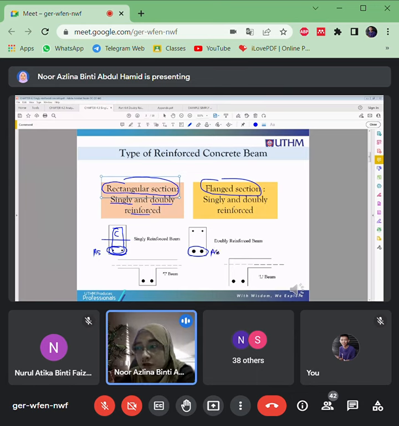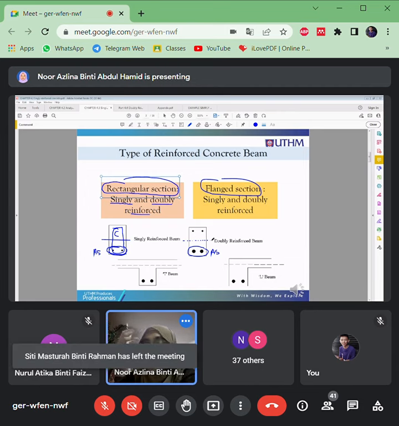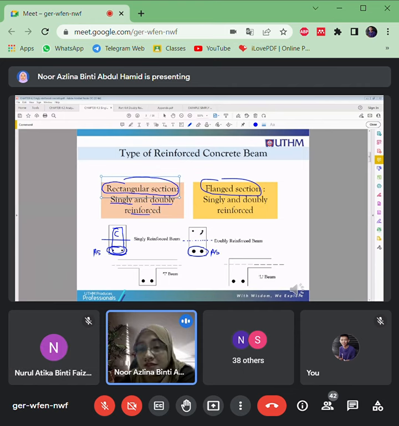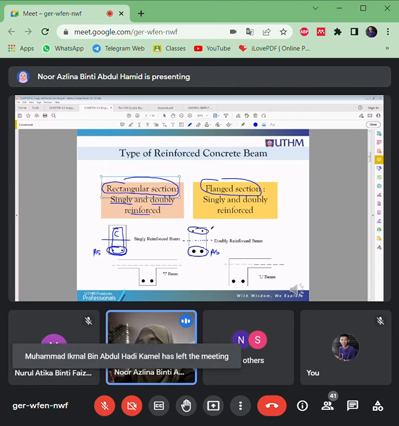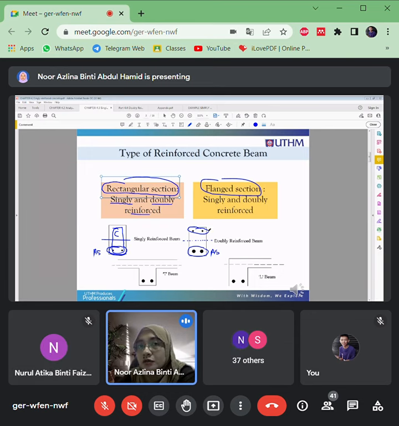It should have tension reinforcement. But in some cases, when that concrete beam has to support a high load, which the compressive concrete couldn't resist anymore, it needs help from the compression reinforcement, okay, to support the extra load, to support the additional loads, to support the high load here.